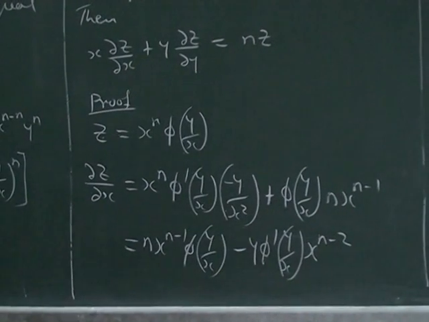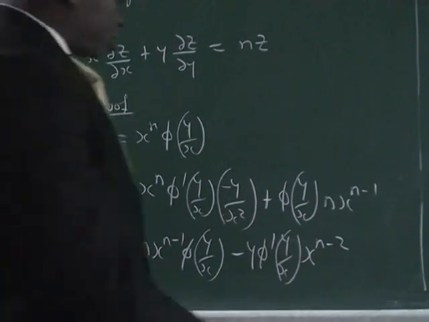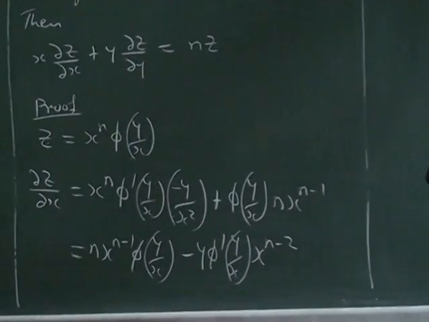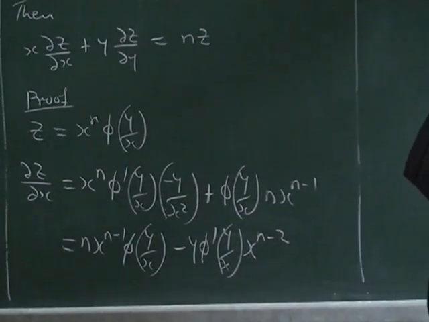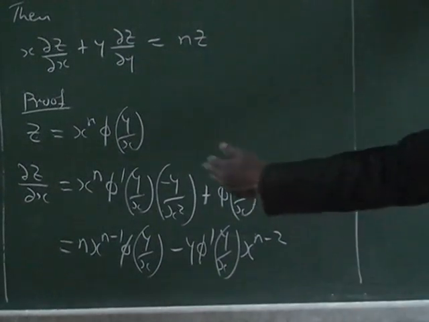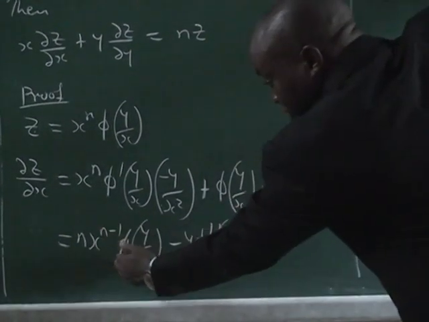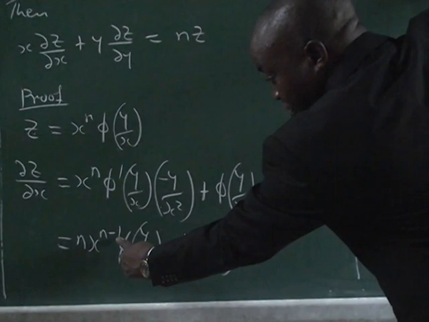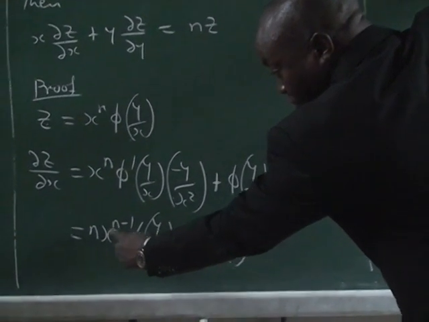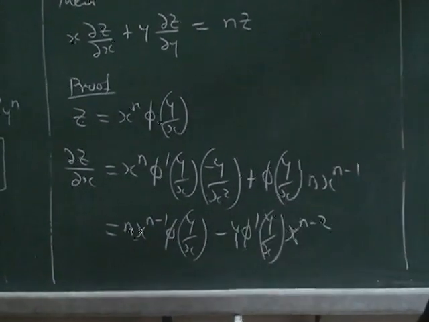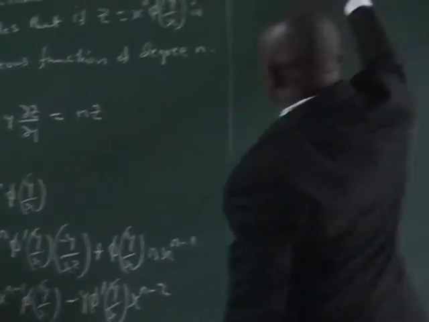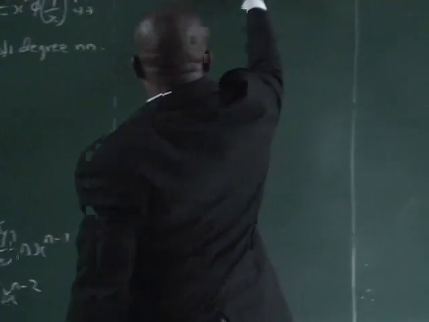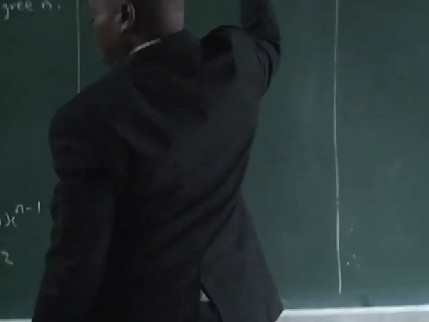Now I'm going to multiply it through by x, so that we'll have x partial z partial x. If I use x to multiply this, this x will let this go. So we'll have x raised to n. Now we also have phi of y over x.